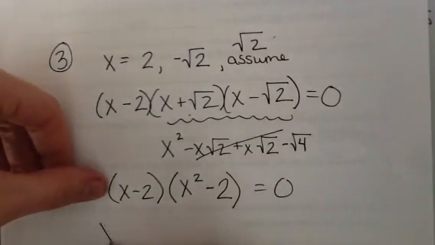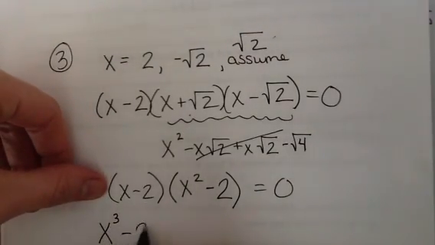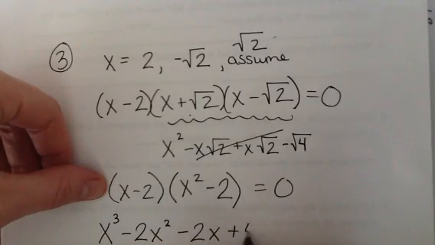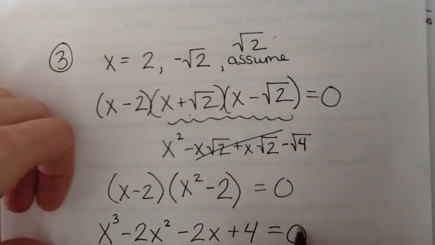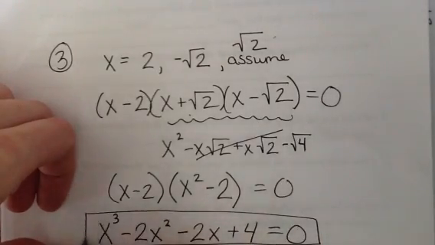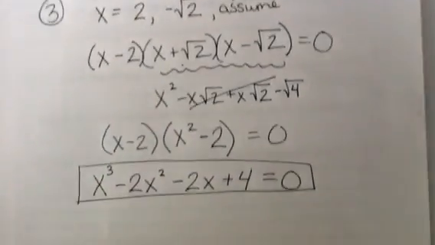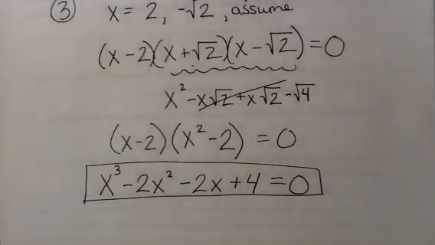One last step, we FOIL, I get x to the third minus 2x squared minus 2x plus 4 equals 0. Now I did a little rearranging there as I FOILed, so double check and just make sure that you put it from greatest to least.